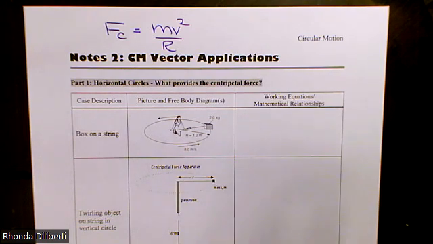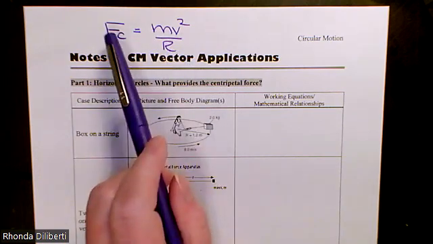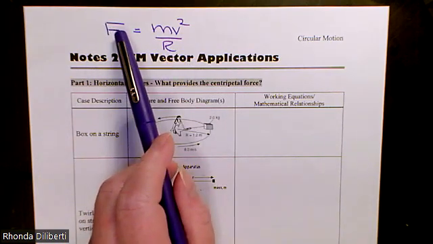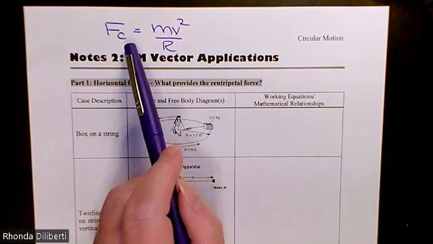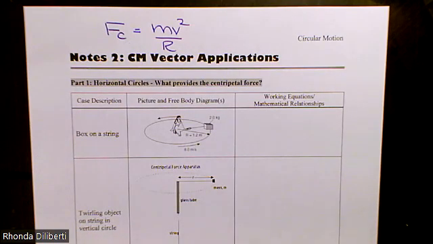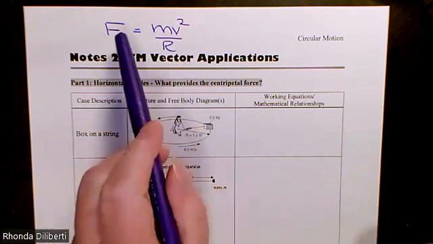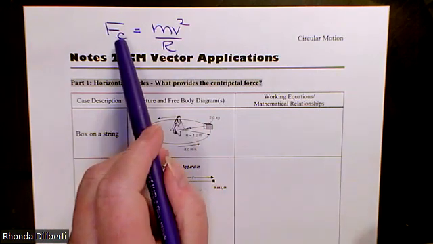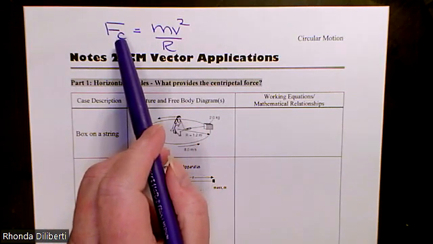The word centripetal means towards the center. This tells me that there is a force, and it's towards the center. So really what this lesson is about is we know there's a force towards the center. We are trying to figure out what that force towards the center is.